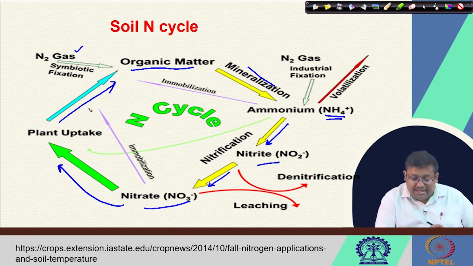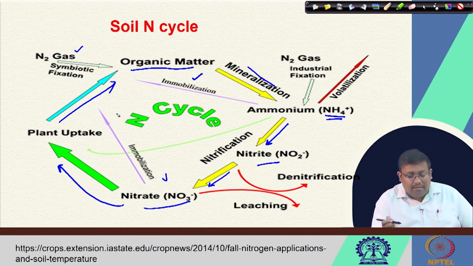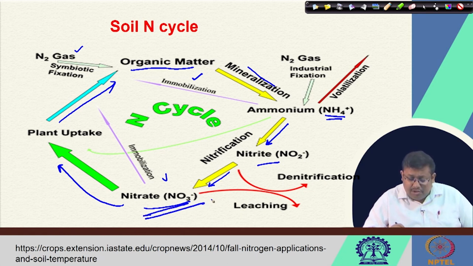Okay. And also the conversion of ammonium to organic forms is an example of immobilization, and immobilization also occurs from conversion of nitrate to these organic matter forms. And while nitrite is getting converted into nitrate, the denitrification process can release the nitrogen into the atmosphere, and also nitrate is very soluble in water and thereby lost from the soil through the leaching process.